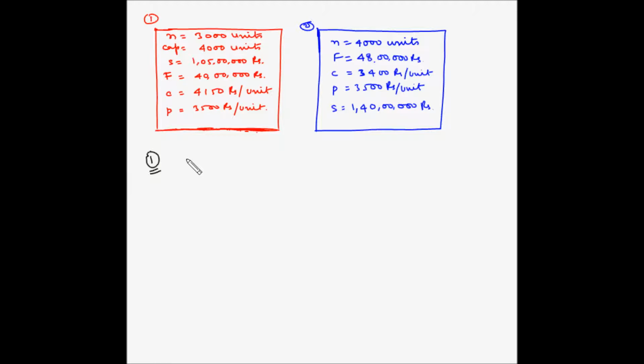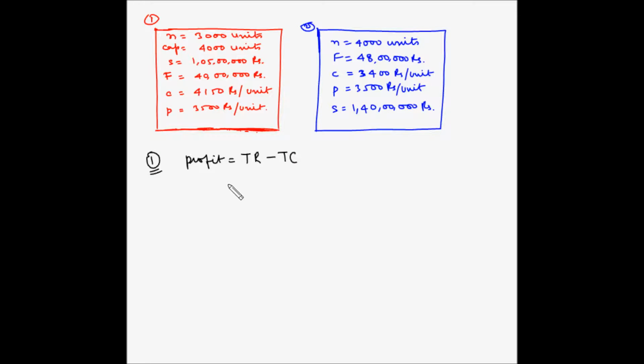Now here we know that profit will be equal to the total sales or the total revenue, that is the amount which we are getting after selling the material, minus the total cost or whatever we have incurred in manufacturing that material. This is same as, profit is equal to the selling price minus the cost price.